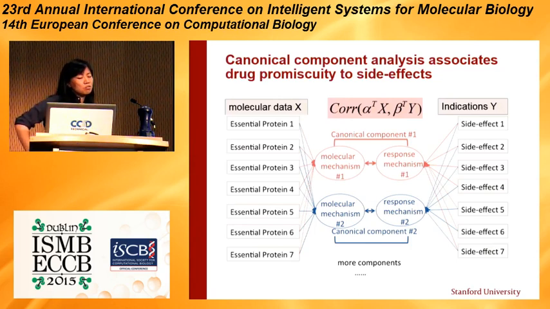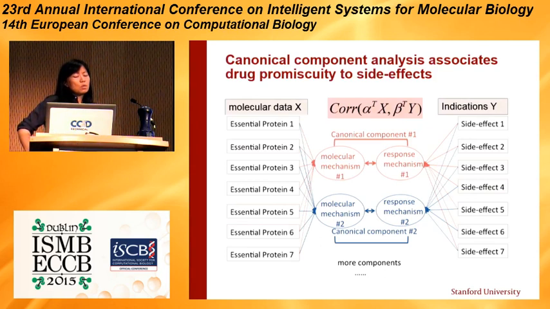So the algorithm is projecting the X and Y into a certain subspace. In each subspace or the component, the method is searching for the basis vectors alpha and beta so that the projected matrix of X and Y look alike most, or the correlation between the projected matrices is maximized.